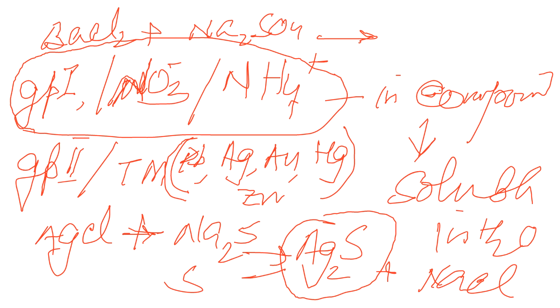Then you can say, sir, this will give you a solid product that will react with any non-metal. Otherwise, group 1, nitrate or ammonium, whenever they react, if you are getting a product with this, you can say it is soluble in water, it's not solid.